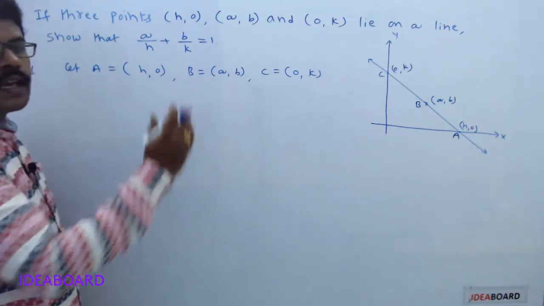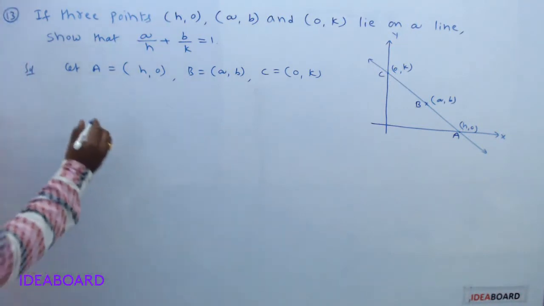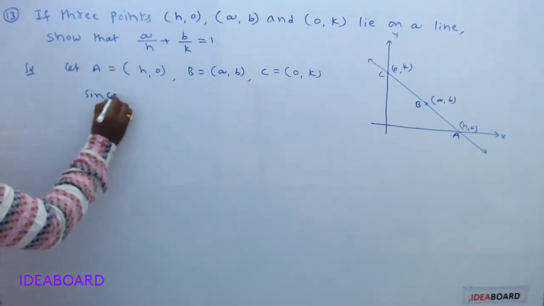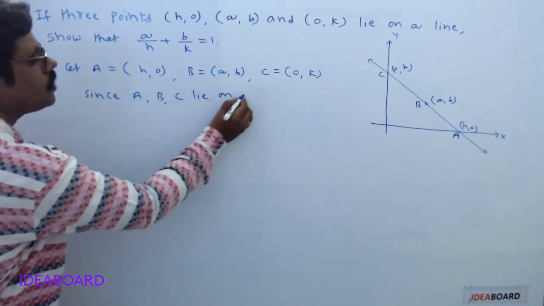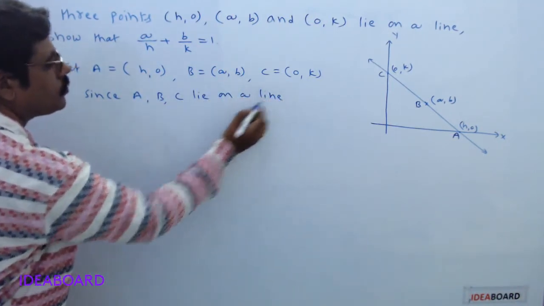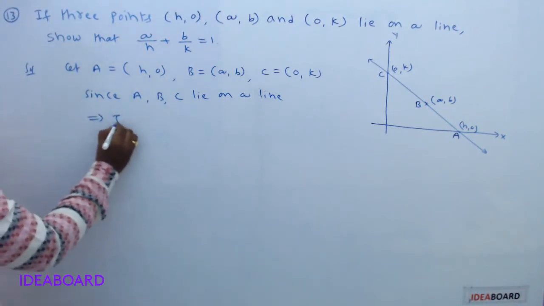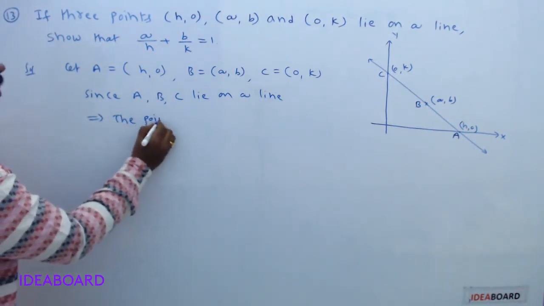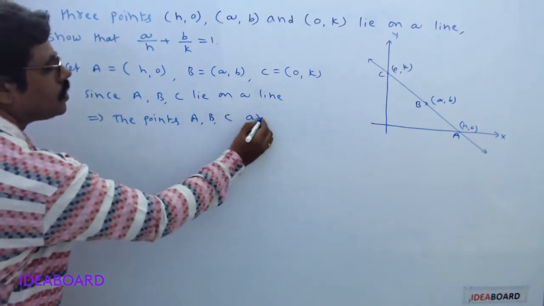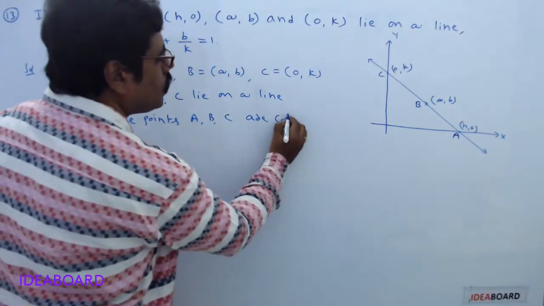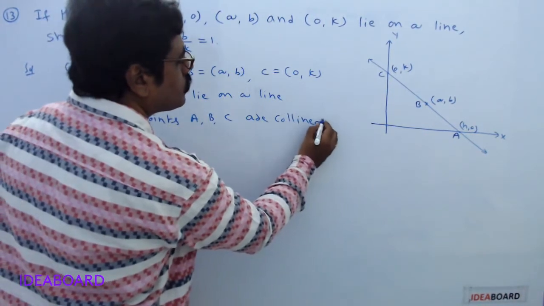So A, B, C are collinear points. Since A, B, C lie on a line, this implies the points A, B, C are collinear points.